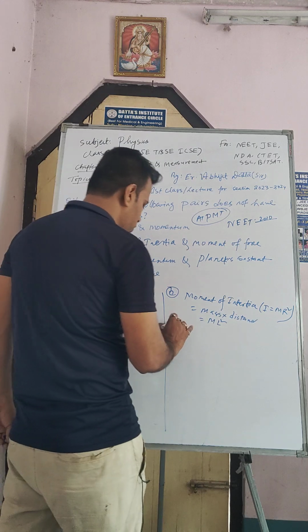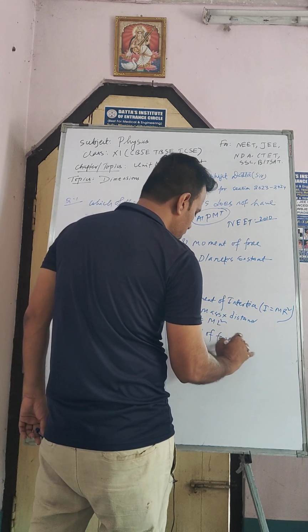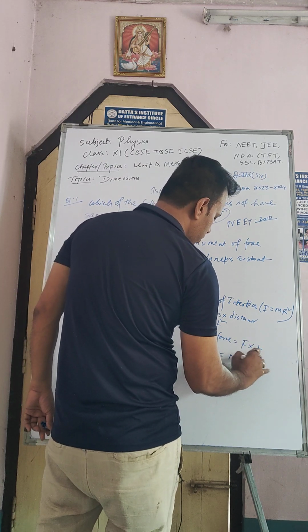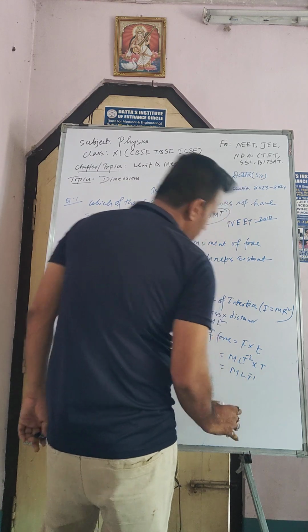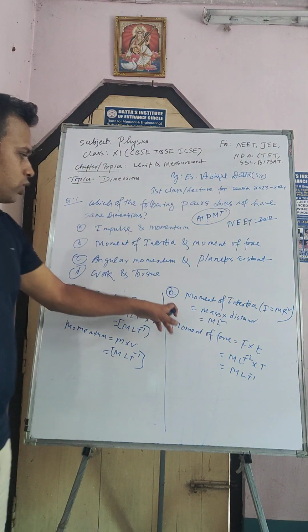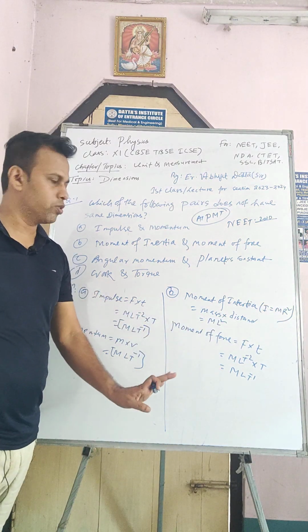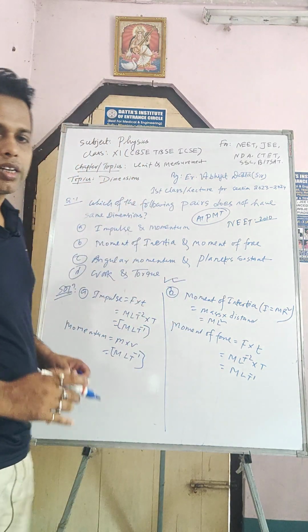And moment of force is force into distance. So MLT^-2 into L. Look here, the dimension of moment of inertia is ML^2, and the dimension of moment of force is ML^2T^-2. So option B does not match as a pair of dimensions.